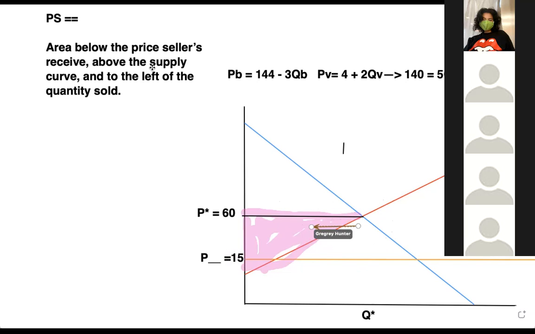And if you go through those lectures in a little bit more detail, carefully, then you'll see that producer surplus, remember, the supply curve represents the cost, we call it the marginal cost, but in plain language, it's the cost of producing each of the units, right?